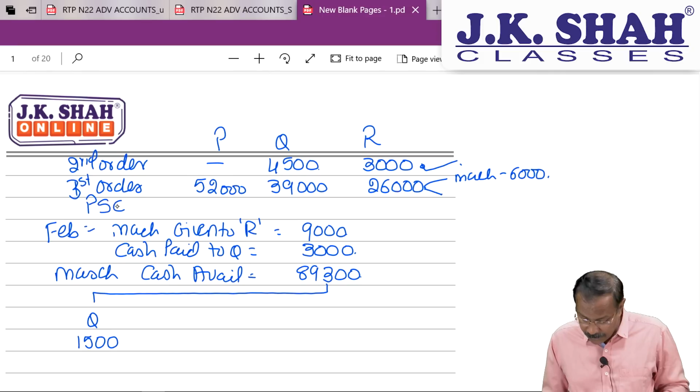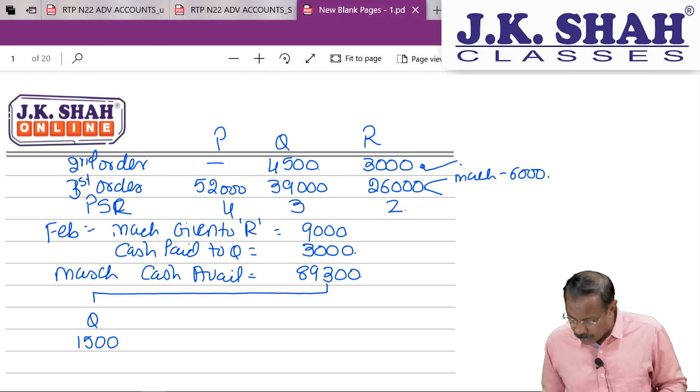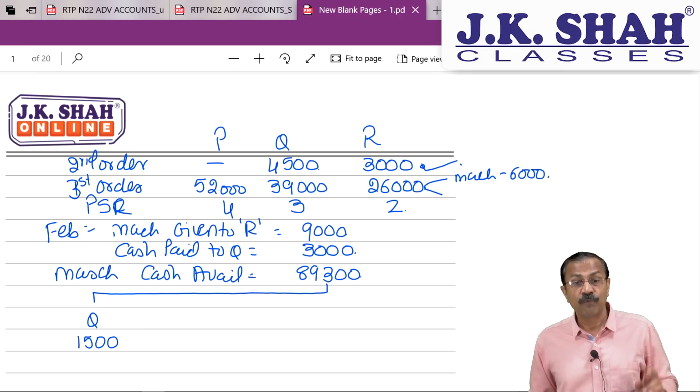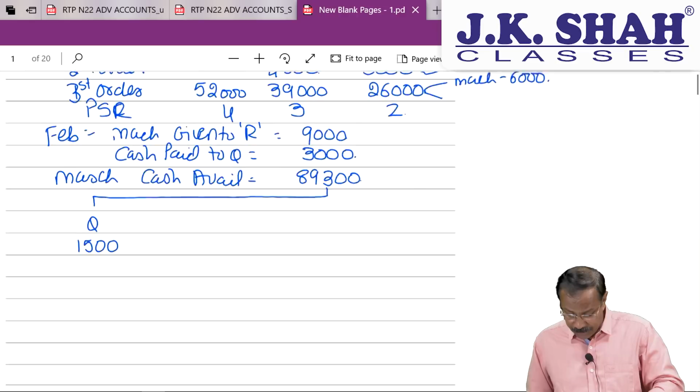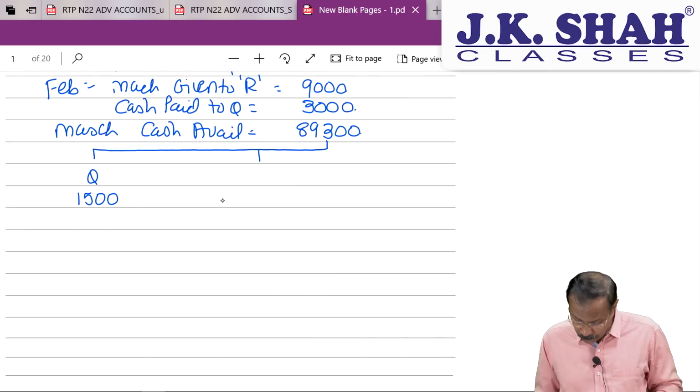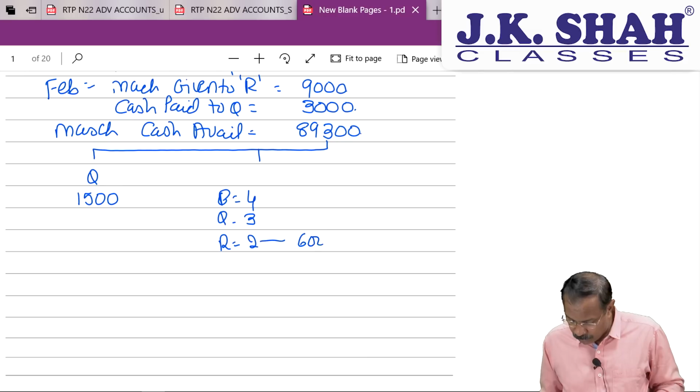And what is the PSR? It's 4 is to 3 is to 2. So for 2 share, we have already given him 6,000 in the form of machinery.